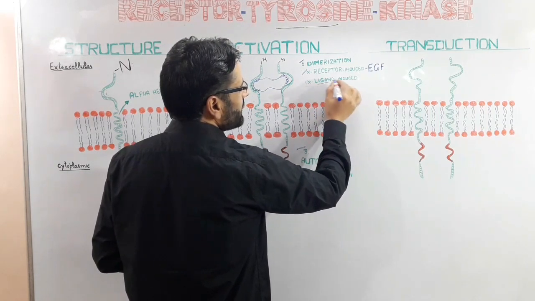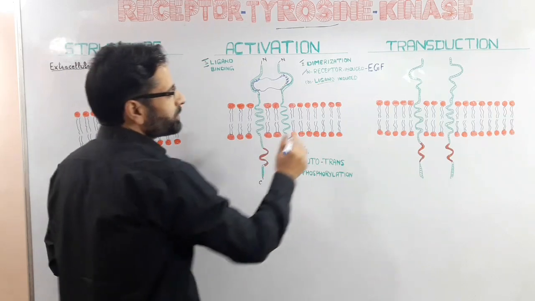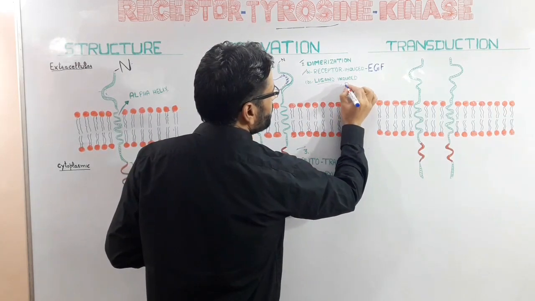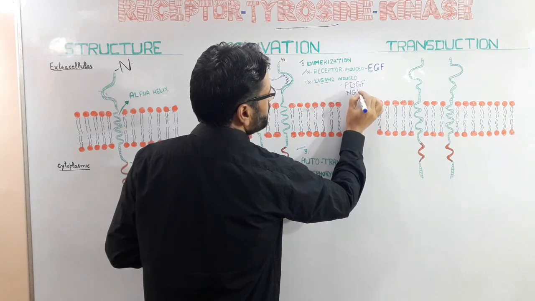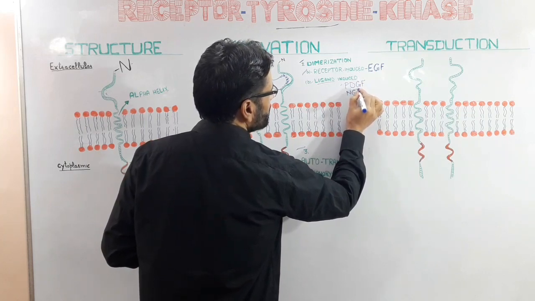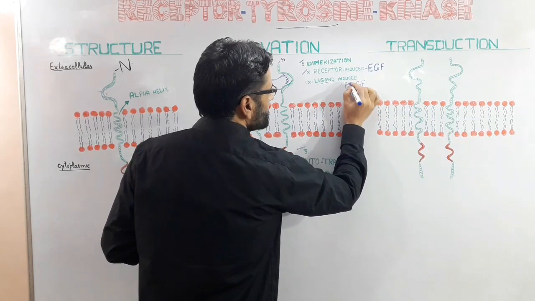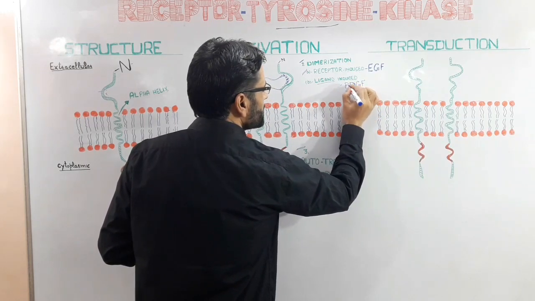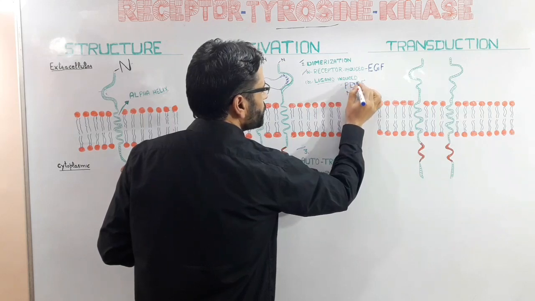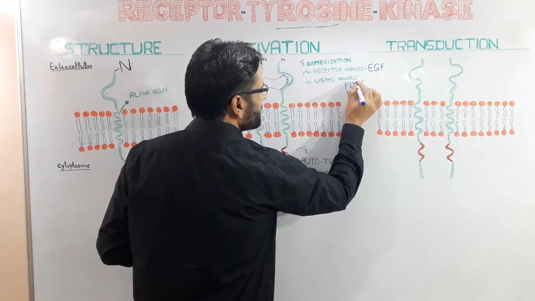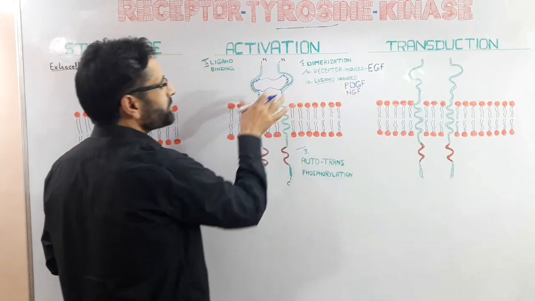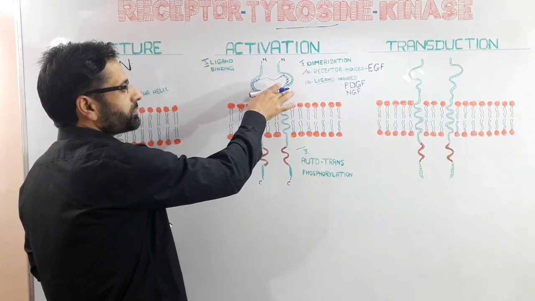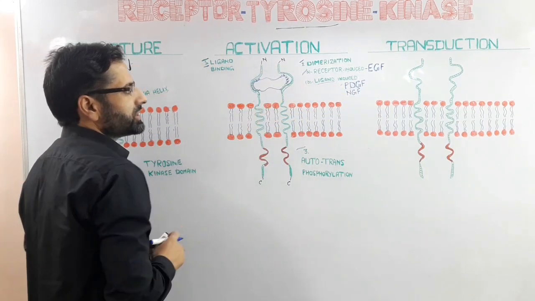That is why it is called ligand-induced dimerization, and this dimerization occurs with PDGF or NGF, platelet-derived growth factor or nerve growth factor. These growth factors have two polypeptide chains, and they bind simultaneously to two receptors, and this binding leads to dimerization.